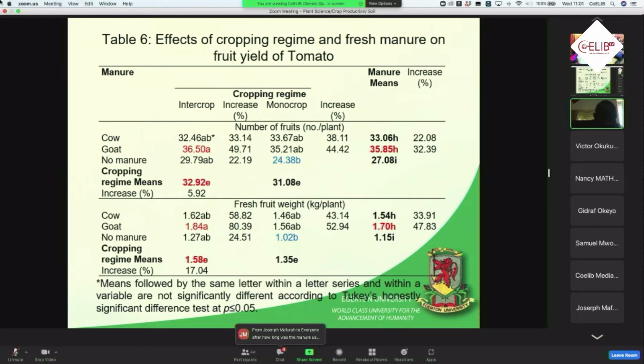The same case applies to fruit weight. Those treatments which had better plant growth resulted in better yield, and those treatments which had lower juvenile populations of root knot nematodes and galls had higher yield. So it shows that root knot nematodes affect plant growth and yield.